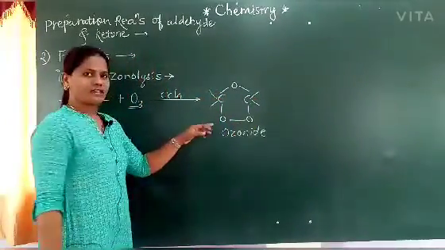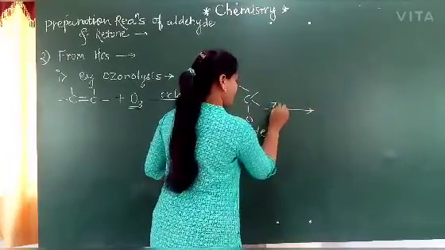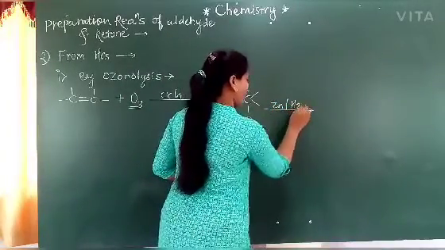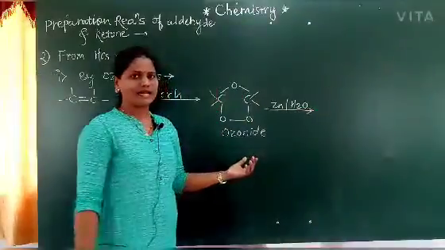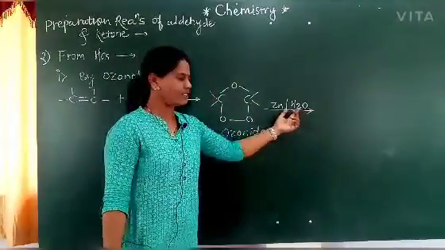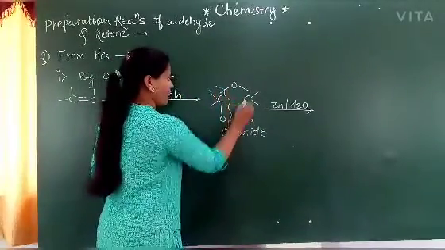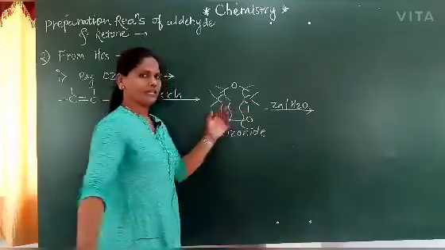Further, this ozonide decomposes with zinc and water. Or you can say that this ozonide undergoes hydrolysis in presence of zinc, then it forms the corresponding aldehyde and corresponding ketone.